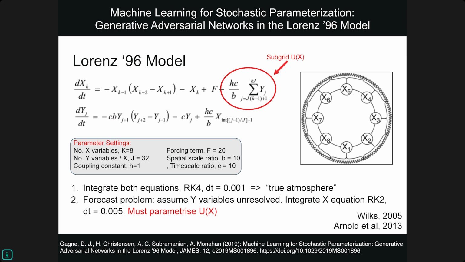So you have this dx/dt equation, but now you have an additional term that couples this to the outer ring. The outer ring is like high frequency variability or eddies in the system, and the inner ring is the large scale in your real system.